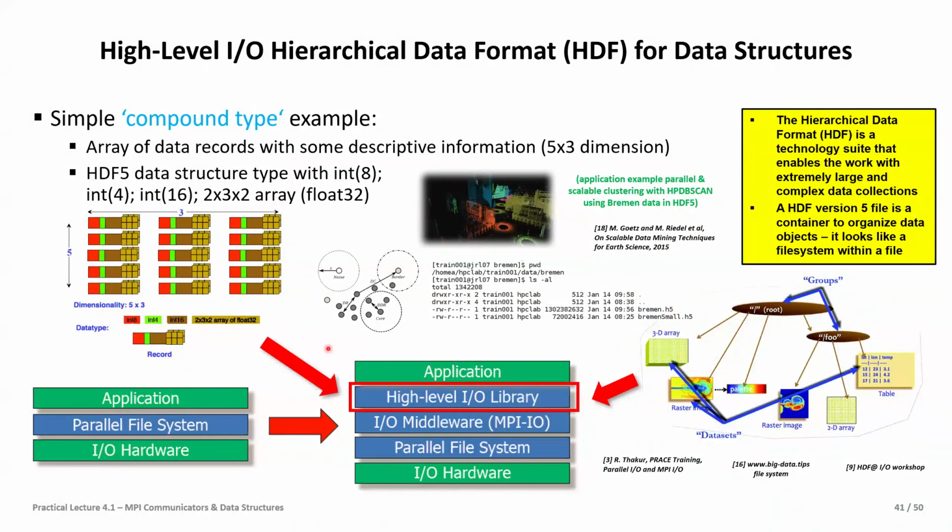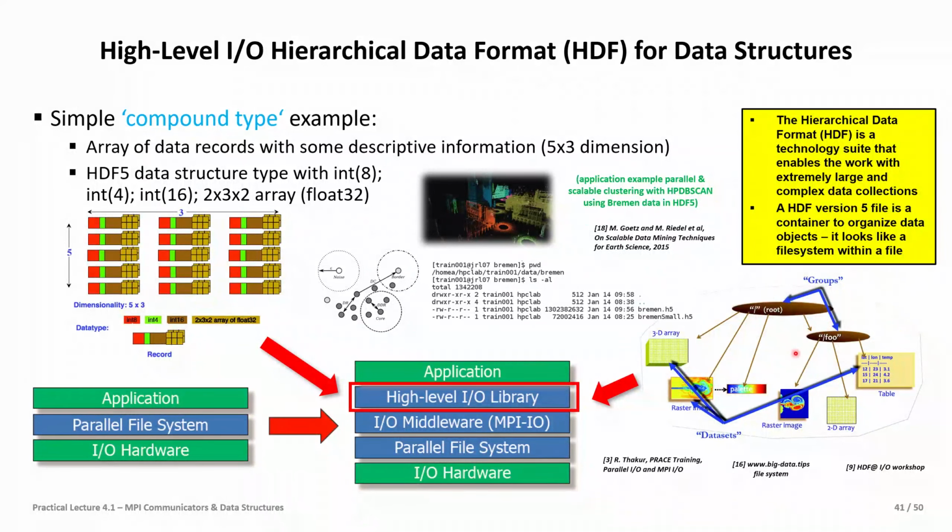And HDF5 relates to one of these high-level I/O libraries I was alluding to in the last lecture, lecture 4, where we talked about MPI-IO in general, but often people use these libraries on top. Hence, one part of your assignment was to think about what we have to change in the module setup when we include HDF5, right? So internally, the hierarchical data format, as the name suggests, is almost like a file system in itself.